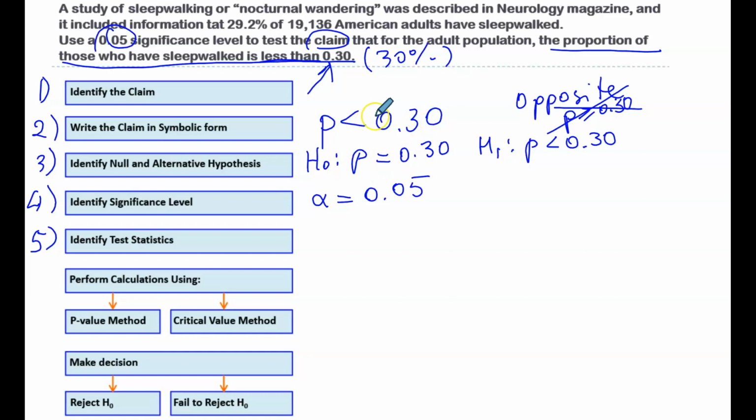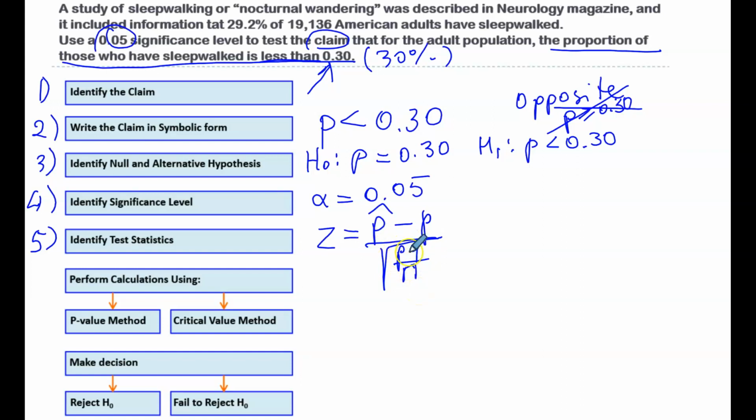Since we're dealing with population proportion, our test statistic would be Z. Z is equal P hat, which is our sample proportion, minus P divided by the square root of P times Q over N.